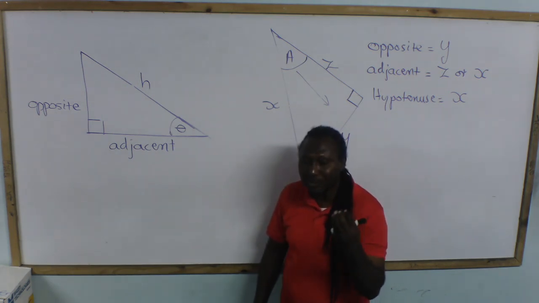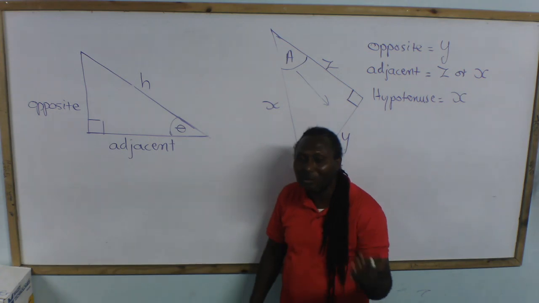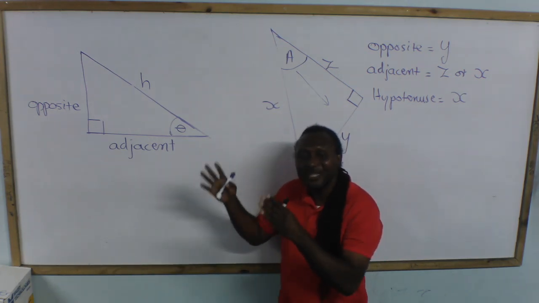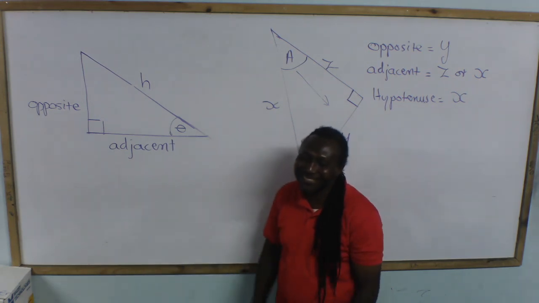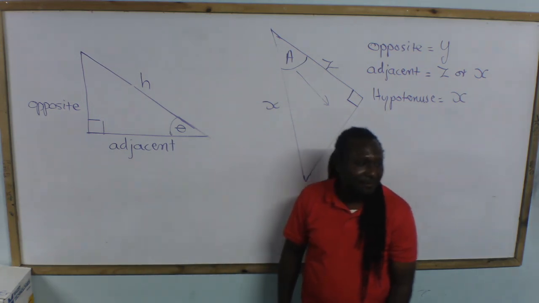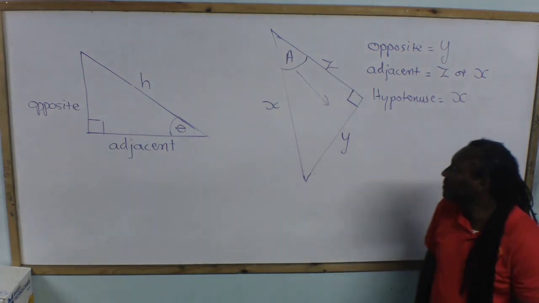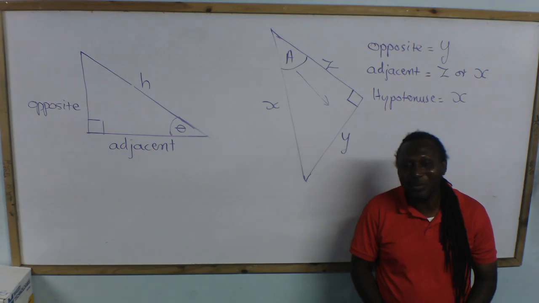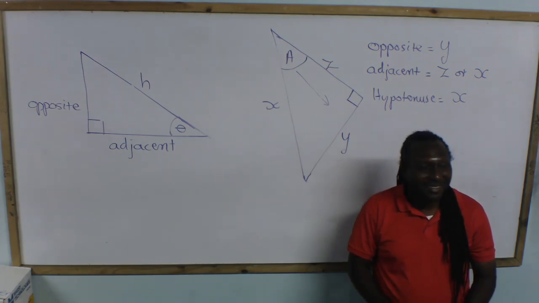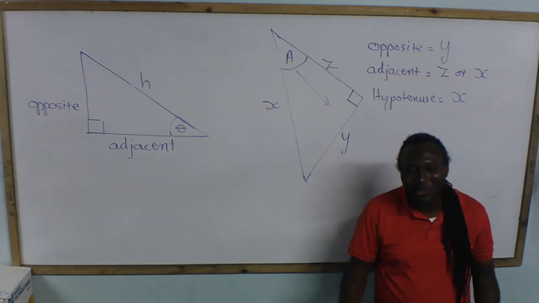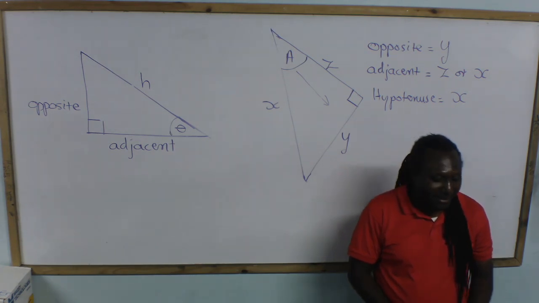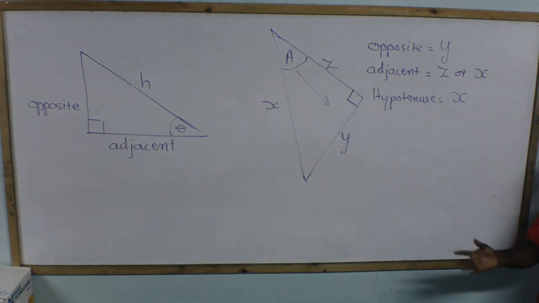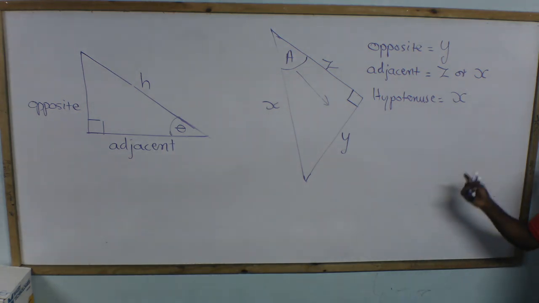But in solving your problems, you will have to cause the hypotenuse to stand out as being separate from the other side, and not refer to it as being adjacent, although it is. The hypotenuse is also the one that is across, opposite to the right angle. So that is something that you need to give consideration to.